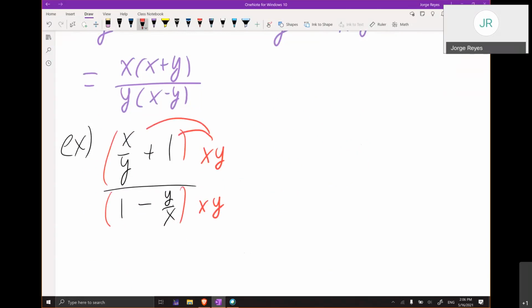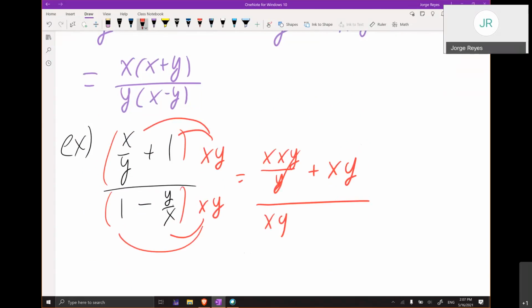Well, then you distribute everything. The y's would cancel, right? So x, right? You see how these would cancel? And the 1 would just be xy. xy minus, then y times xy over x.